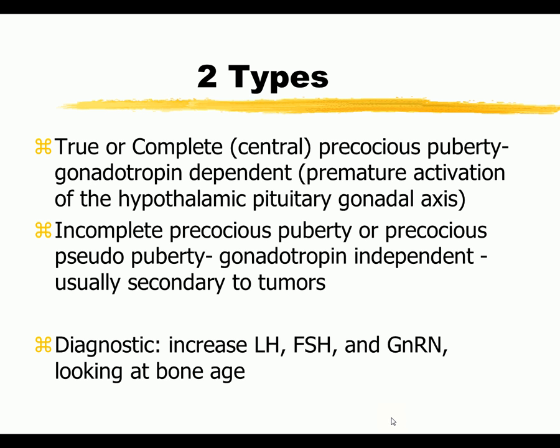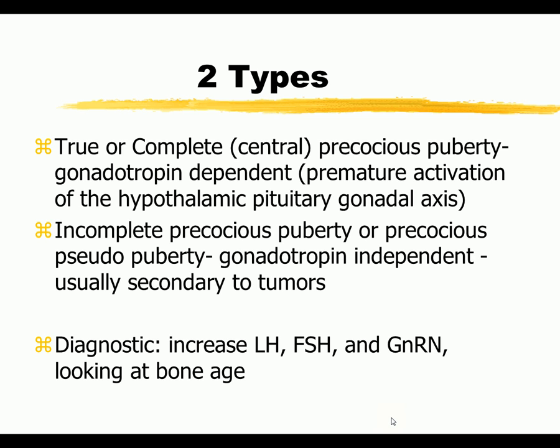There are two main types. There's the true, also known as complete or central, and the incomplete. The true or complete precocious puberty is when we have a premature activation of the hypothalamic pituitary gonadal axis. In other words, that's the gonadal axis that usually kicks in during our growth spurts. But for some reason, theirs kicks in early so that they get secondary sex characteristics very early in life.